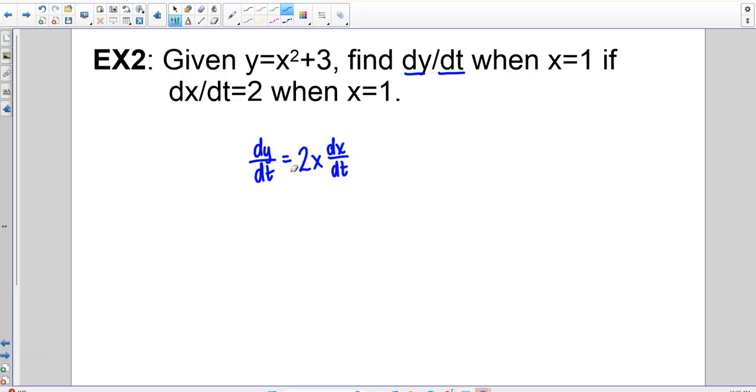Okay? So we take the derivative with respect to t. That's our first step. Then you want to plug in the information that you have, right? So we are supposed to find, it says find dy dt. So dy dt is right here. That's what we're looking for. We are not going to replace dy dt with anything. That's what we're trying to find. We are hoping we have the other pieces so that we can plug those in. So I know x equals 1 is the condition we're looking at for both places.